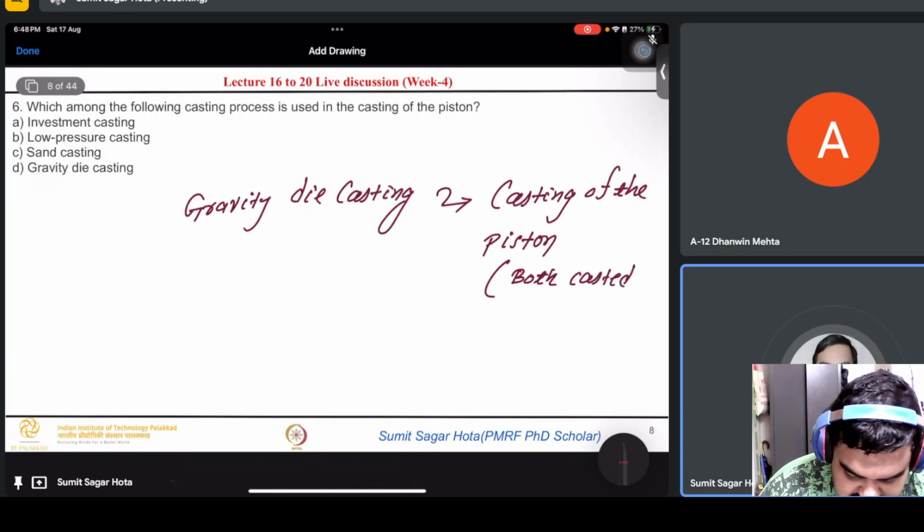It is used for both casting and forging.